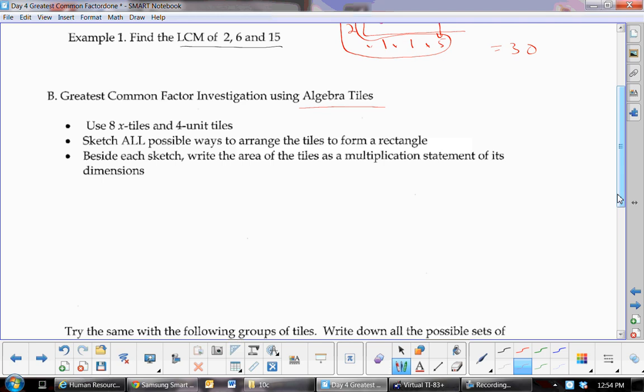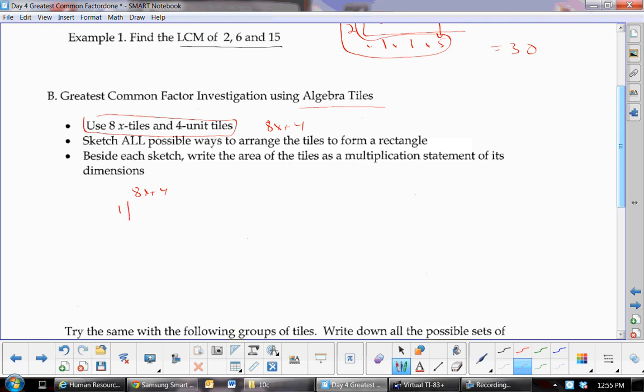So if you look at, if you had 8 X tiles and 4 unit tiles, so that's the same thing as what if it was an equation? 8x plus 4. Now, if you had 8 of those long skinny tiles and 4 of those little small ones, those units, it says, well, make rectangles. Well, the most obvious rectangle to me is 8x plus 4 times 1.